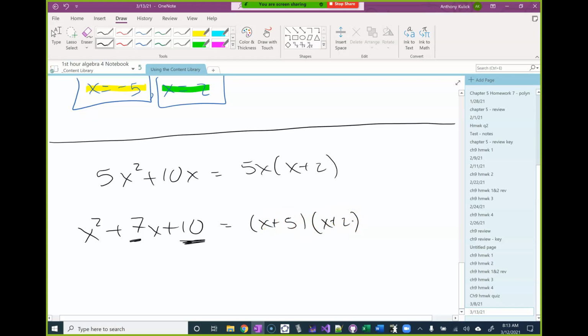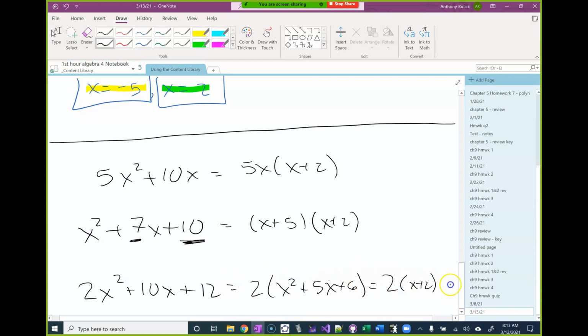It's a separate example. Or you might have something where you have to combine these two ideas. Like I can take out the 2, and then I can factor the stuff that remains. So again, those are the 3 types of factoring that you'll probably have run into on the test. I tried to limit myself to one of those 3 situations and not do anything too kooky.